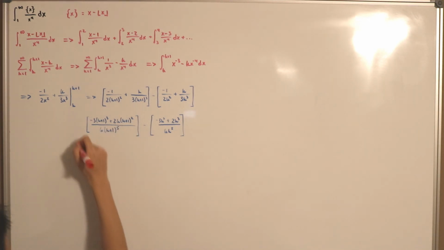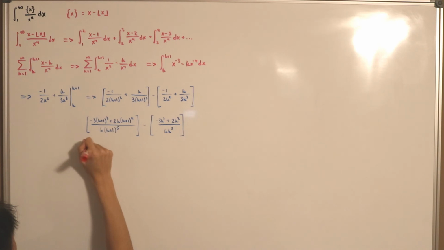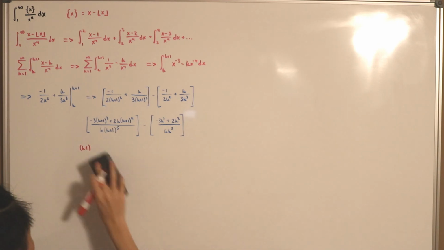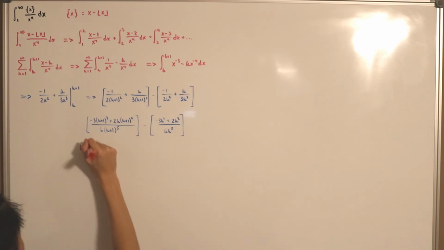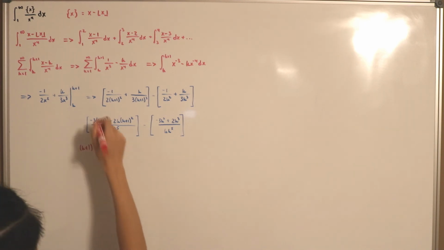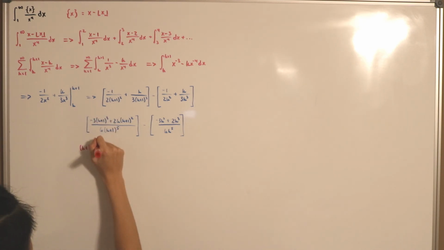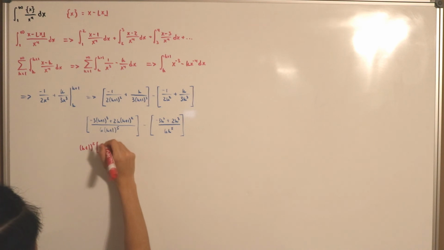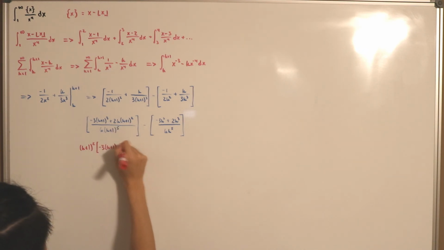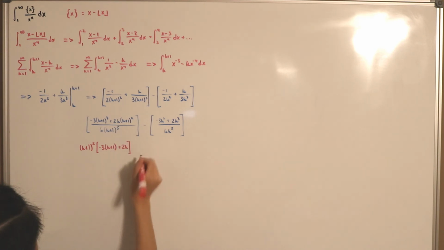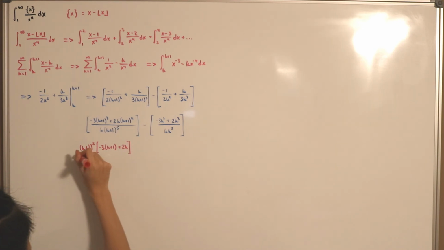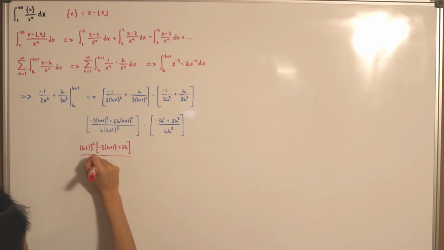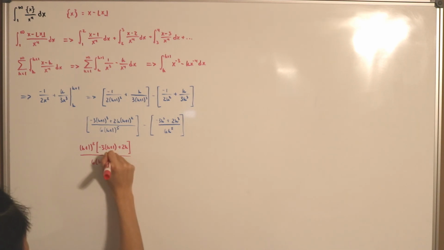So I factor out k plus 1 squared, and this will be negative 3 times k plus 1, and then plus 2k, and then this is divided by 6 times k plus 1 to the 5th.